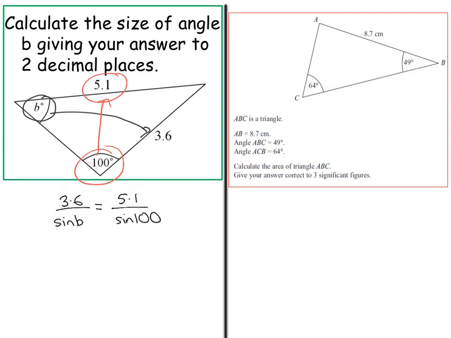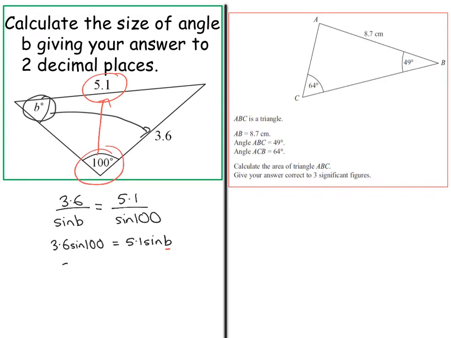So I can multiply both sides by sine B and by sine 100. So that will give me 3.6 times sine of 100 is equal to 5.1 times sine of B. So effectively I've just cross multiplied there. We want the B on its own, so we need to divide by the 5.1 here.